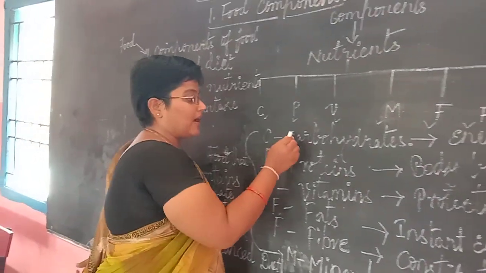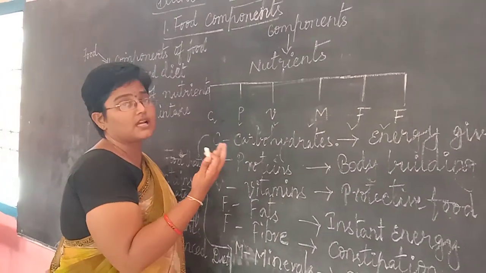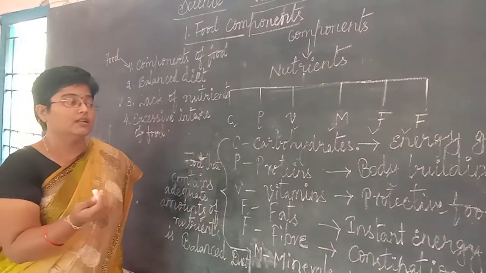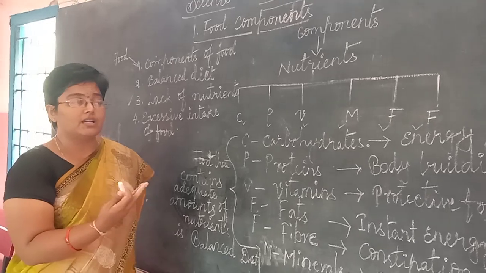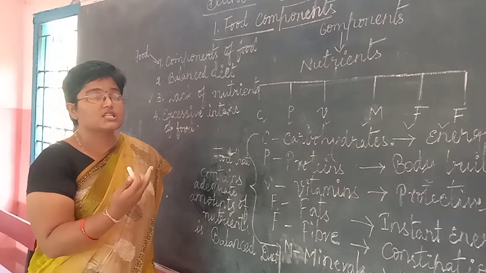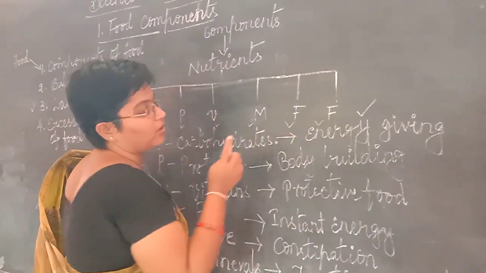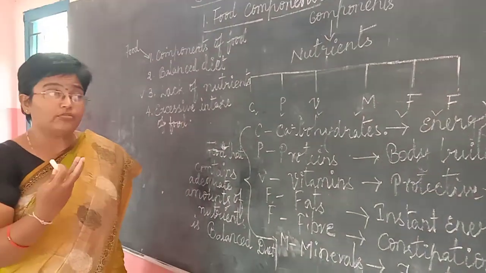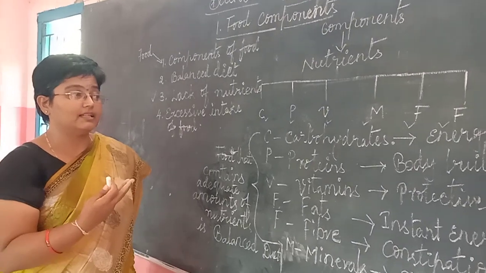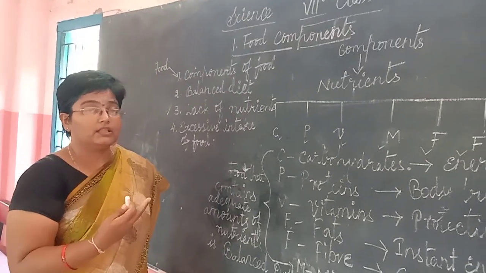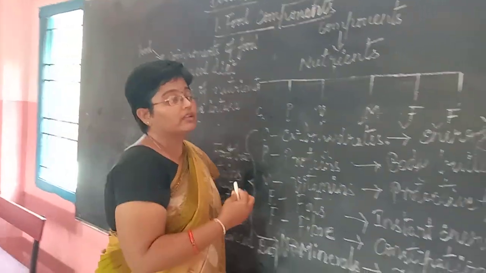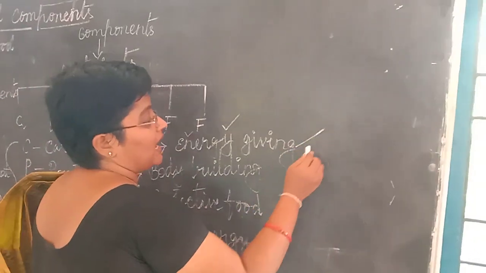So let us take carbohydrates first. What do carbohydrates do to our body? Carbohydrates are the nutrient which gives a lot of energy to our body. What kind of food is rich in carbohydrates?